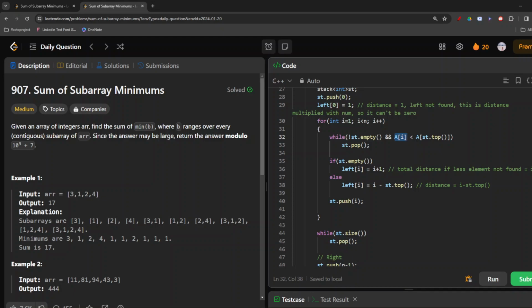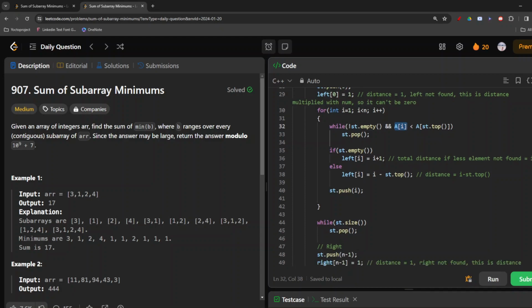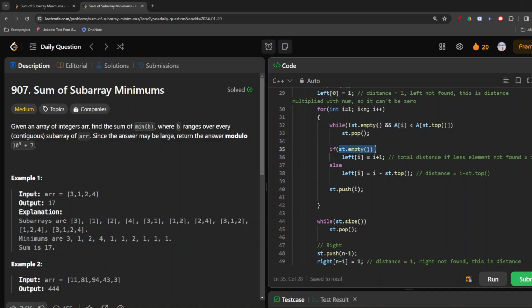So we pop out those indices, and after that if the stack becomes empty, that simply means that up to this point our present number was the smallest number, so we add 1 to i, which includes our present number. That is the total distance if no smaller element is found.